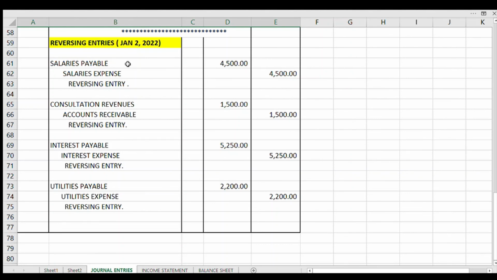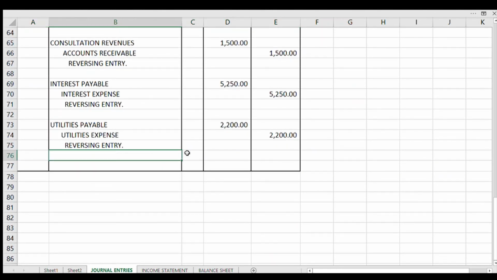We are allowed to make the reversal for the accruals, but in the case of the deferrals, at this point, we are not going to reverse them.